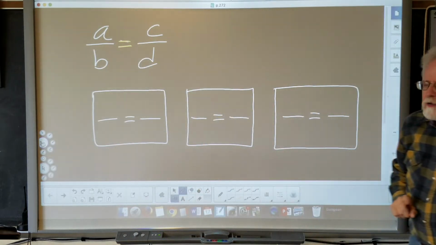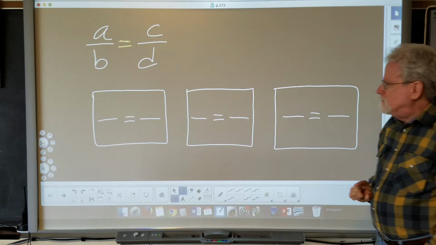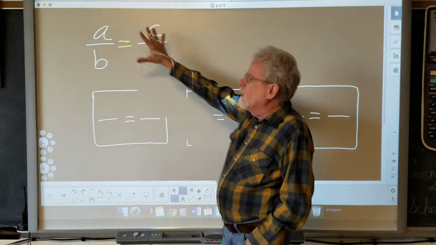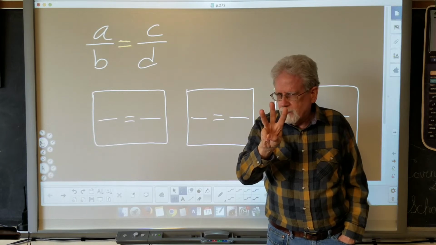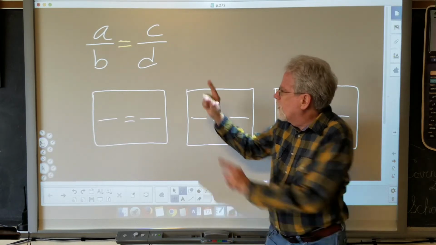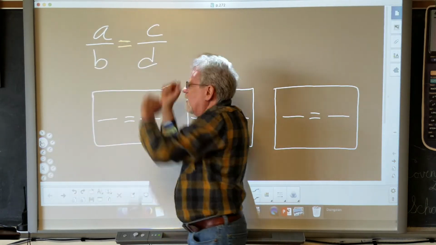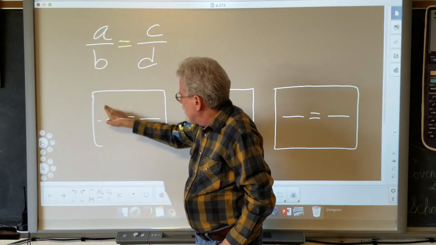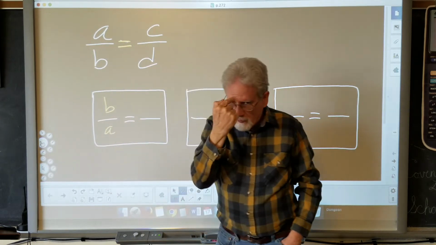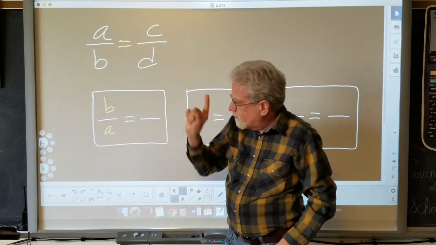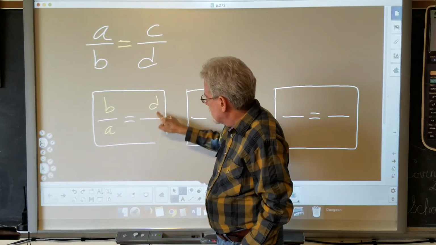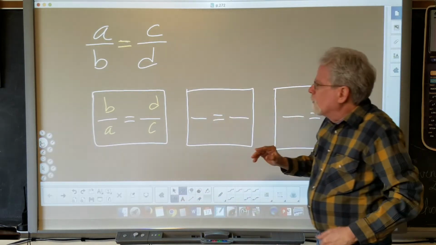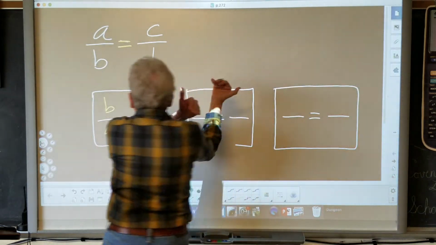Anytime you have a proportion, from that proportion you can write three other ratios. One you can write is what I call upside down: B over A equals, think about it, stay with me, focus, what comes next? D over C. Another one is what I call reading it sideways.